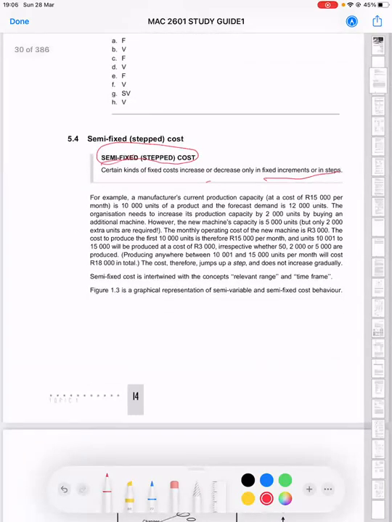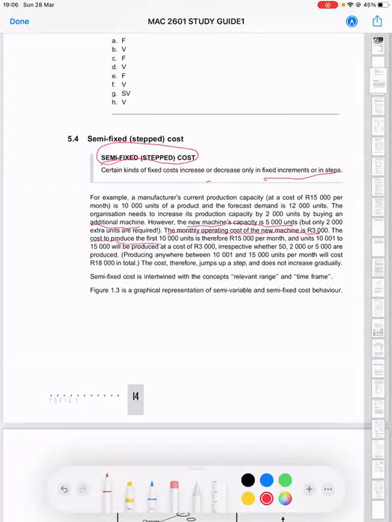An example is a manufacturer's current production capacity at a cost of 15,000 per month is 10,000 units of a product, and the forecast demand is 12,000 units. The organization needs to increase its production capacity by 2,000 by buying an additional machine. However, the new machine's capacity is 5,000 units. Then they say the monthly operating cost of the new machine is 3,000.